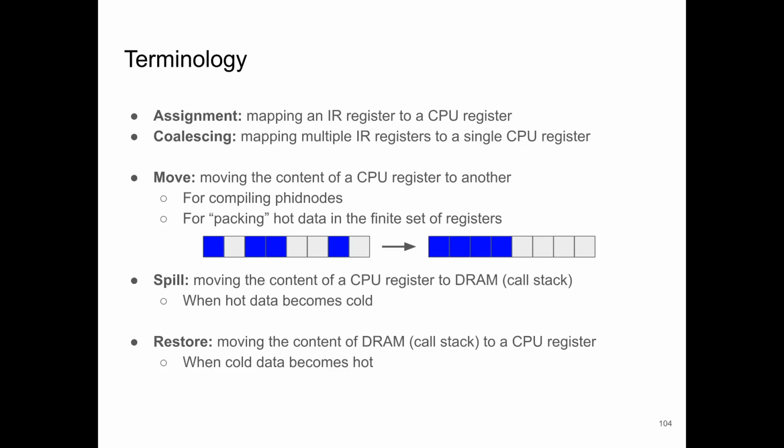In other words, if we statically know that two IR registers do not live together, so for example, the value of A is not needed in some area of the code, and the value of B is not needed in the other part of the code, then A and B can use the same CPU register, because the two IR registers cannot coexist at the same time. Such mapping of multiple IR registers into a single CPU register is called coalescing.